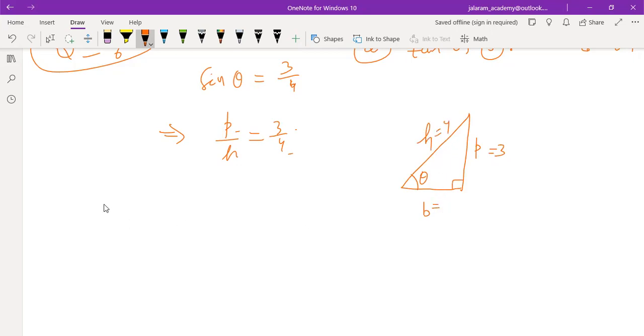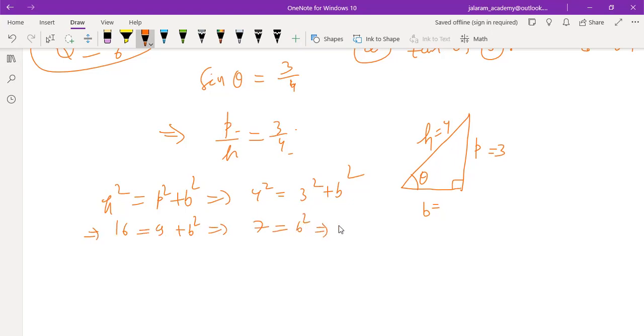We know that hypotenuse square equals perpendicular square plus base square. So 4 square equals 3 square plus B square, that is 16 equals 9 plus B square. It implies 7 equals B square, so B equals root 7.